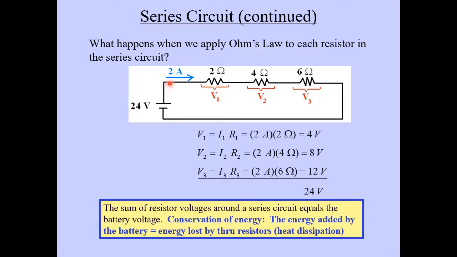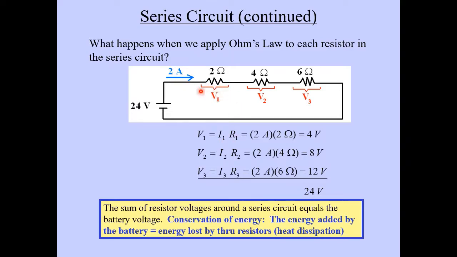Now remember, we figured out that there's 2 amps of current flowing through all of these resistances. So let's apply Ohm's law to this first resistor here. We're going to call the voltage across this resistance V1. So V1 is equal to I1 times R1.